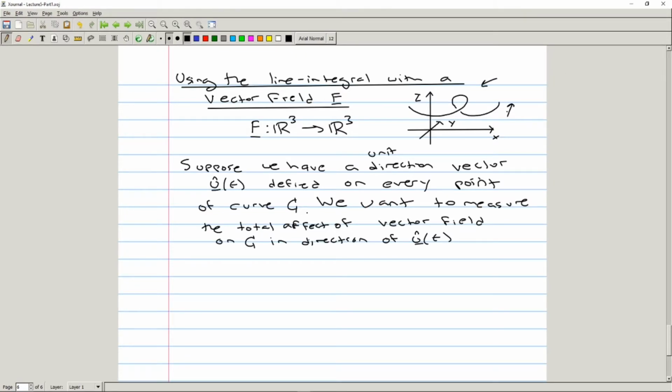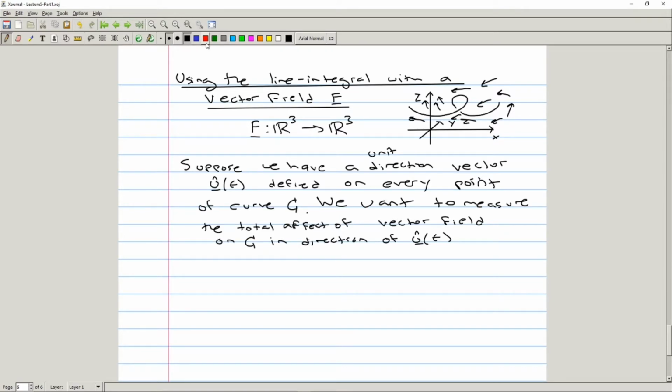It could be a fluid flow field, it could be an electromagnetic field, it could be a number of different vector fields.